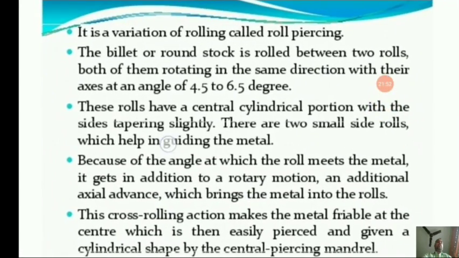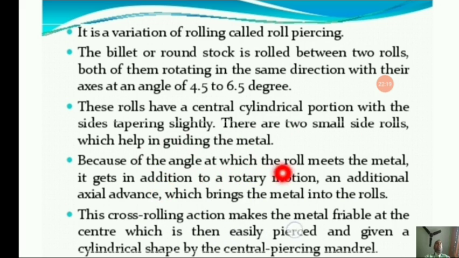Now it is a variation of rolling called roll piercing. The billet or round stock is rolled between two rolls, both rotating in the same direction with their axes at an angle of 4.5 to 6.5 degrees. These rolls have a central cylindrical portion with the sides tapering slightly, and there are two small side rolls which help in guiding the metal.